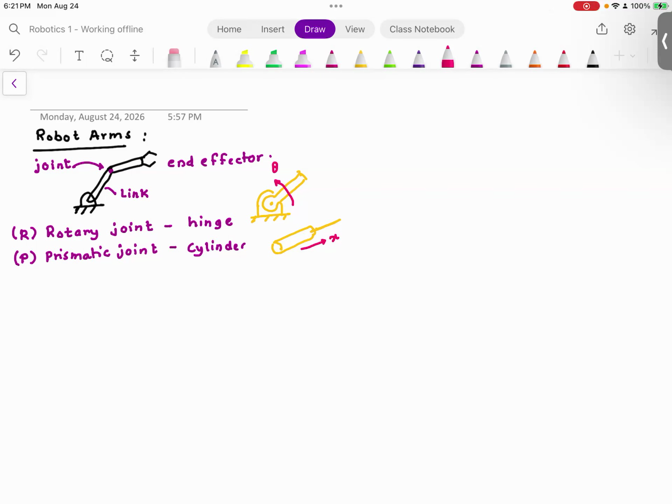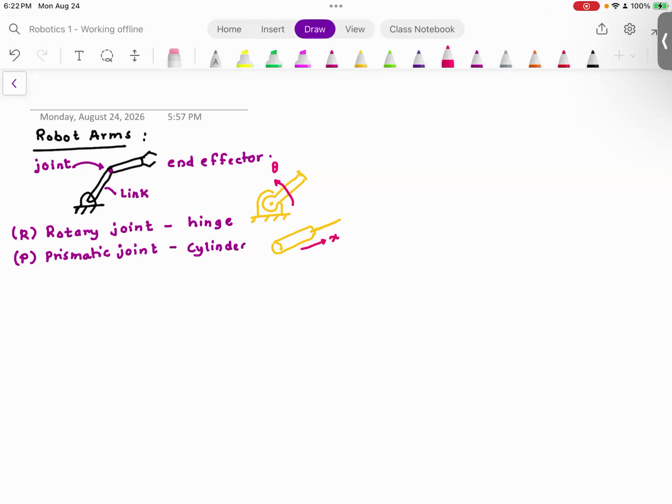There are different configurations of robots. You can have a delta robot. You can have a SCARA robot. But at the end of the day, each robot can be represented as combinations of links and joints.